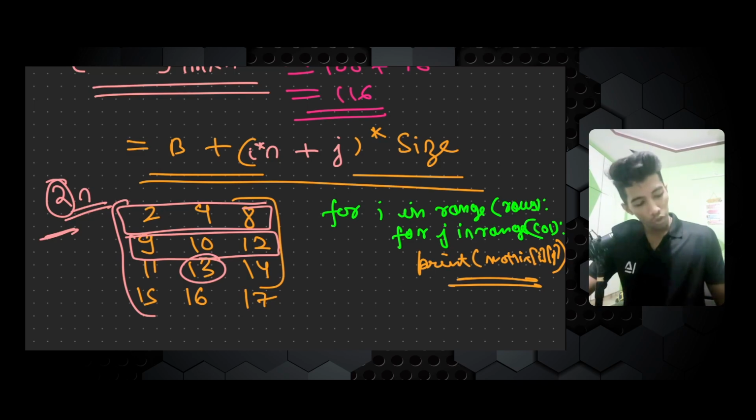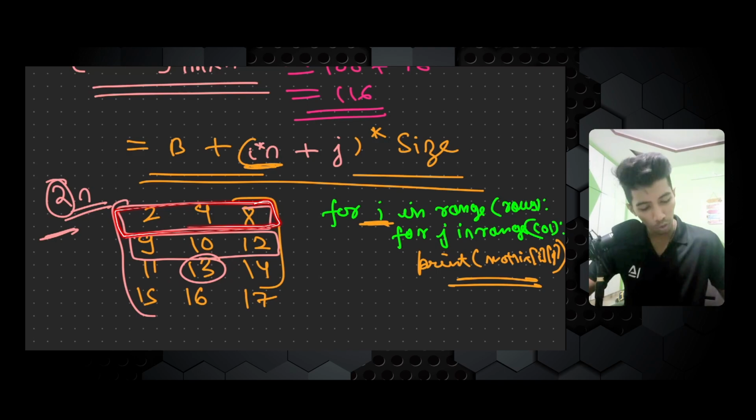Now, as my I value iterates, I will multiply it with I, because to come to this element, I have to cover this case 2 times. So this will be determined by my I.